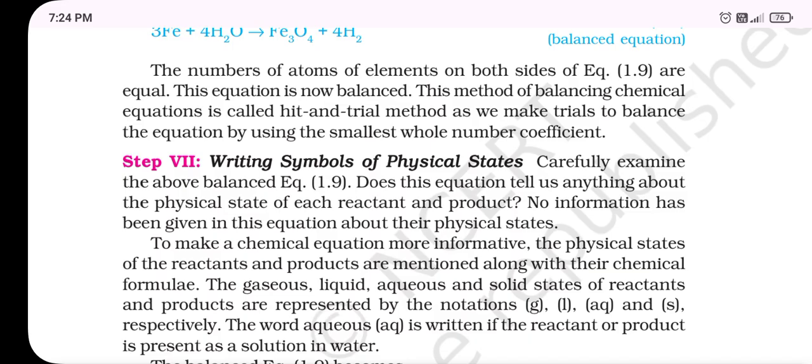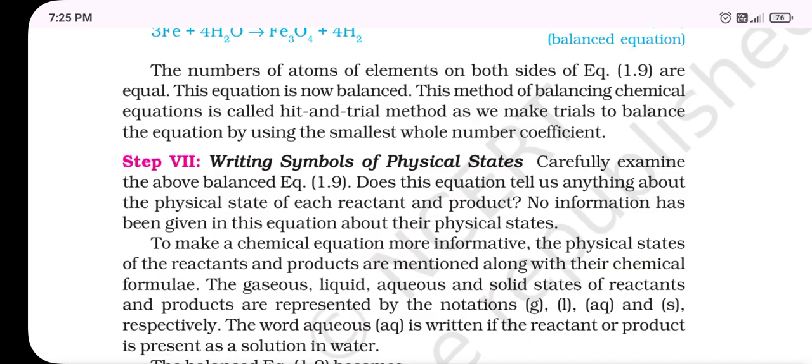This method of balancing chemical equations is called the hit and trial method. What's the name of the method for this kind of balancing of chemical equations? We start with the convenient form, using the highest number of atoms in a compound.